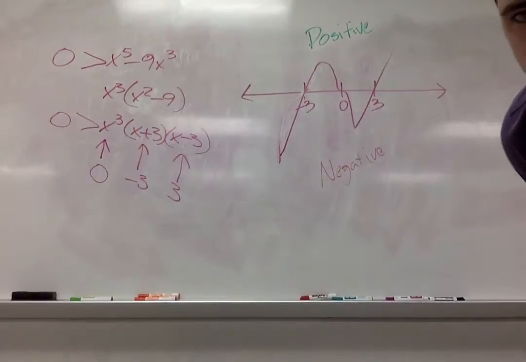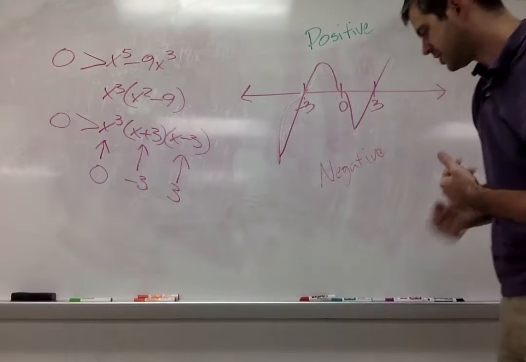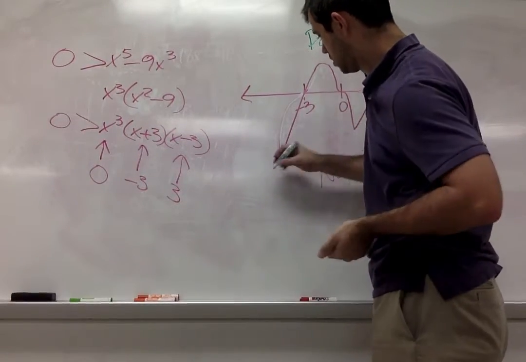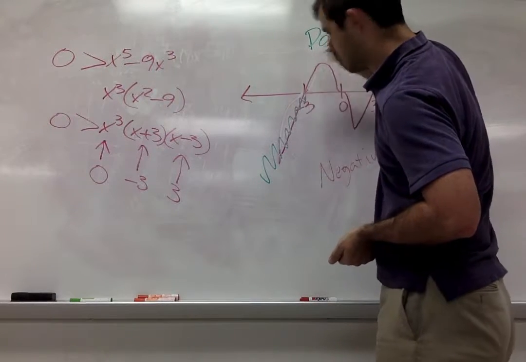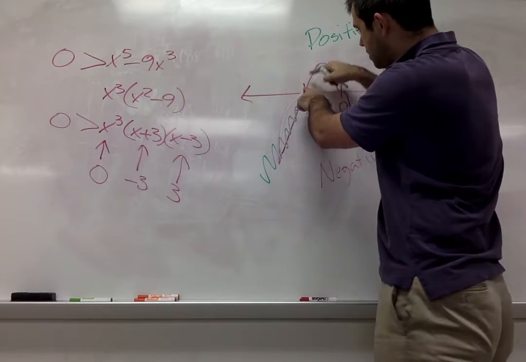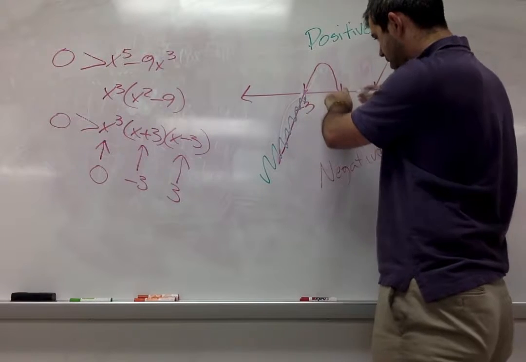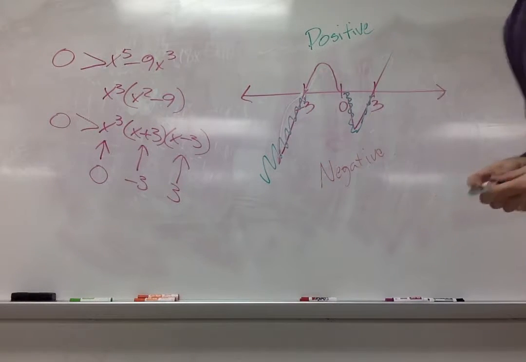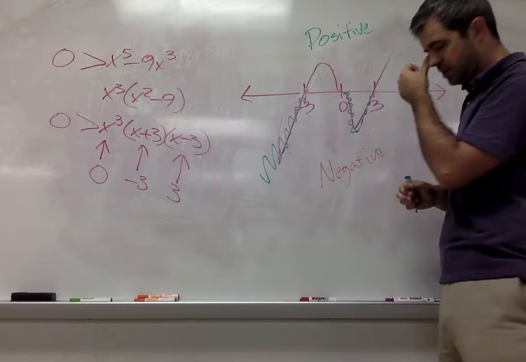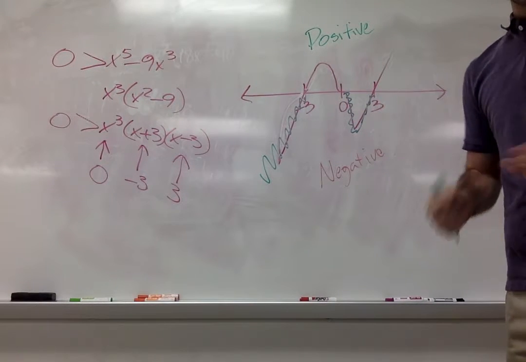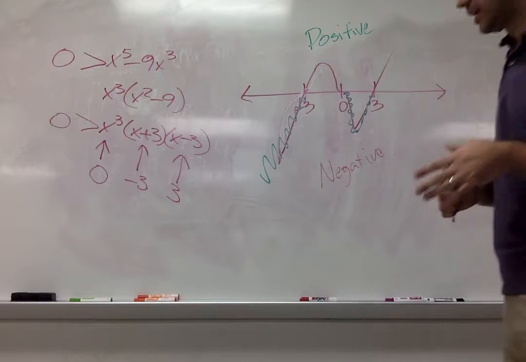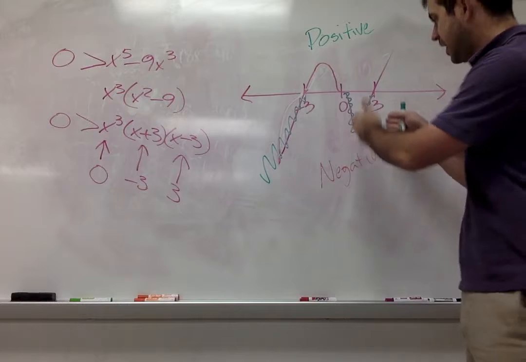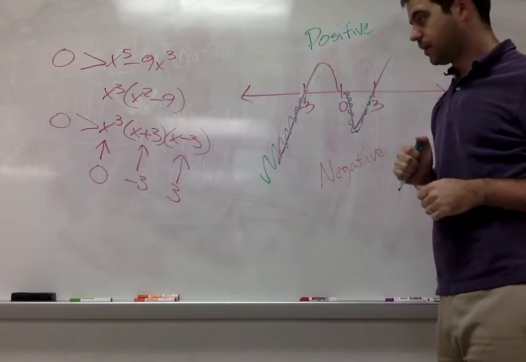So let's look over here and see when it's negative. Is it below 0 here? Yes, it is. And now it's positive. And it's negative just for this little bit more. So if I wanted to know when is it negative, it's anything before negative 3 and anything between 0 and 3.